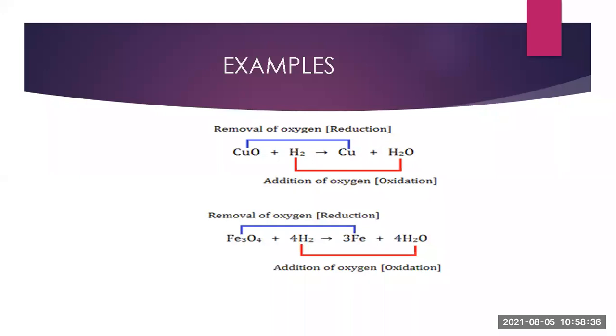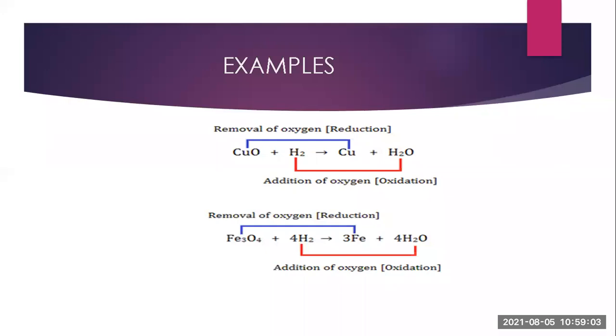Always remember, the properties of reduction: first, gain of electrons is the process of reduction. Then, removal of oxygen is also a property of reduction. So the properties of reduction are loss of oxygen and gain of electrons.